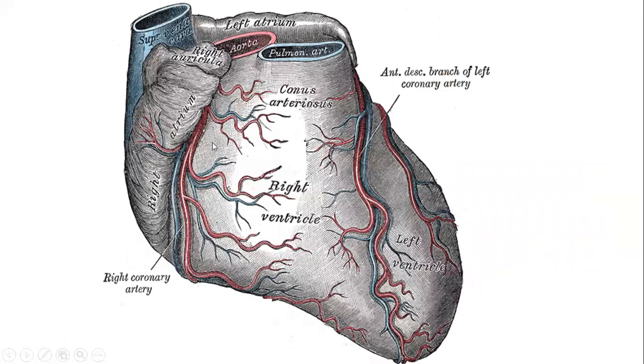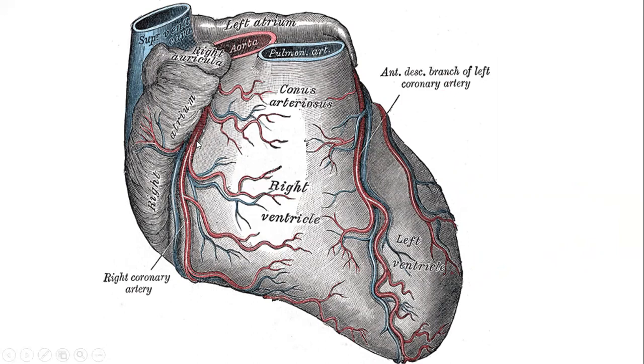Then there are some other sulci or depressions present over the external surface of the heart, which can be seen with the naked eye. One of those depressions or grooves is called the atrioventricular groove. The name is self-explanatory.